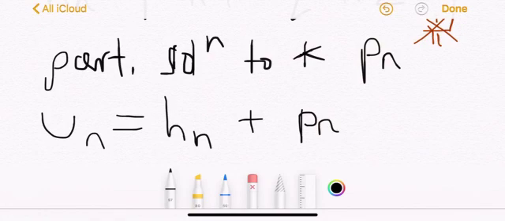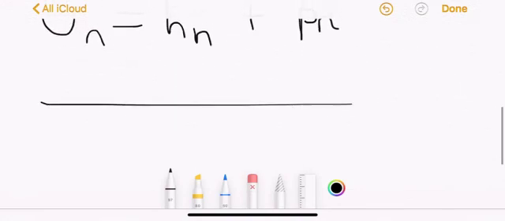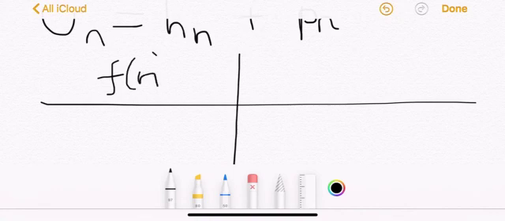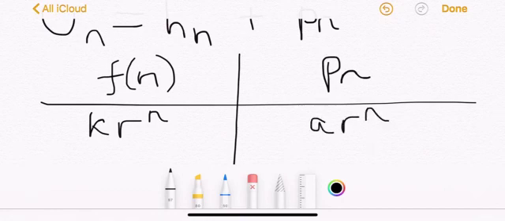So if we consider different possibilities for the function f of n, I'll draw a little table here. We've got the function f of n. What P_n do we consider? Firstly, if f of n is some constant multiplied by some number r to the power of n, then the particular solution to consider is of the form a r^n, where there's the same r as in f of n, and we need to find that unknown constant a.